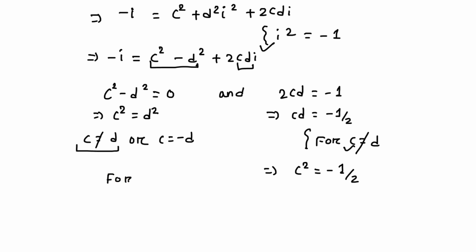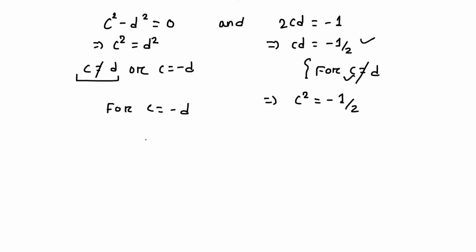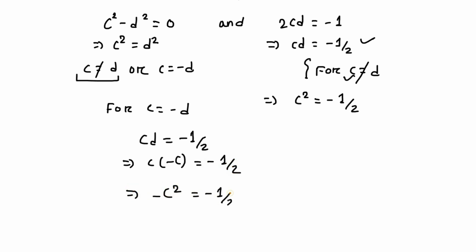Now for c equals minus d, from cd equals minus 1 by 2, we put c multiplied with minus c equals minus 1 by 2. This implies minus c square equals minus 1 by 2.